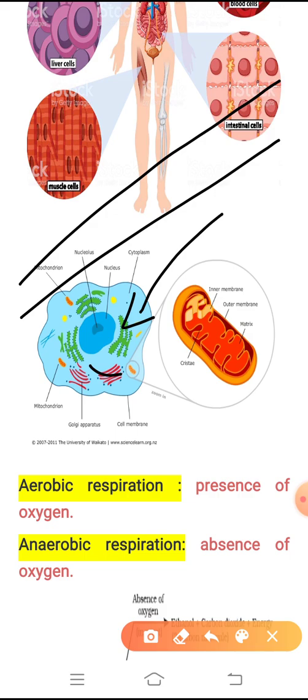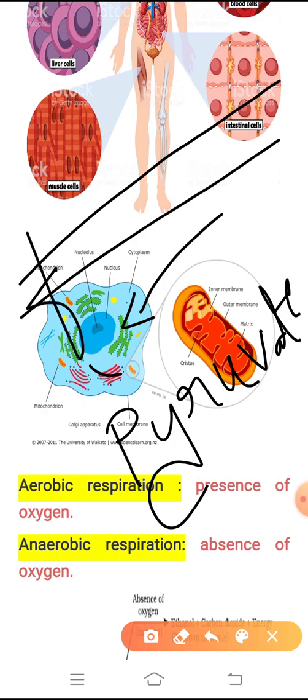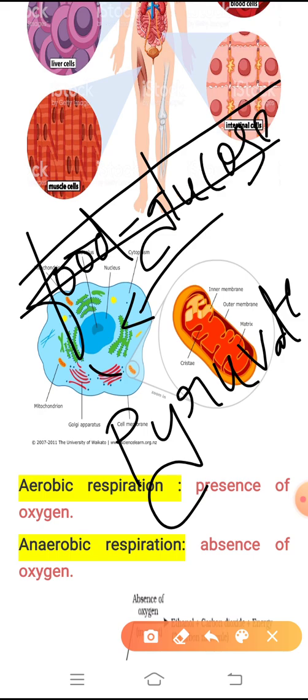As the food enters the cytoplasm, the food gets broken down. Okay? As the food is broken down, the pyruvate is formed. What is meant by pyruvate? What is meant by food first? I told you the food is the glucose. So this glucose is broken down to form the pyruvate.